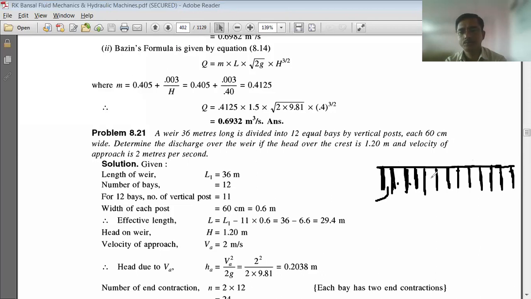So the weir is divided into 12 bays. Then how many end contractions will there be? At each bay there are 2, an end contraction here and one here. So 2 per bay, and the total bays are 12. 12 into 2 is equal to 24. So the number of end contractions n will be equal to 24. Okay, that we have to consider while finding the length.